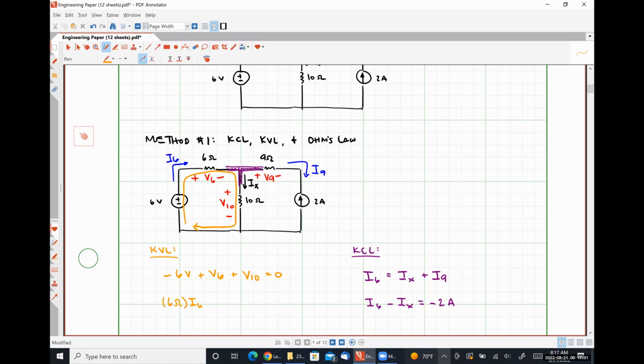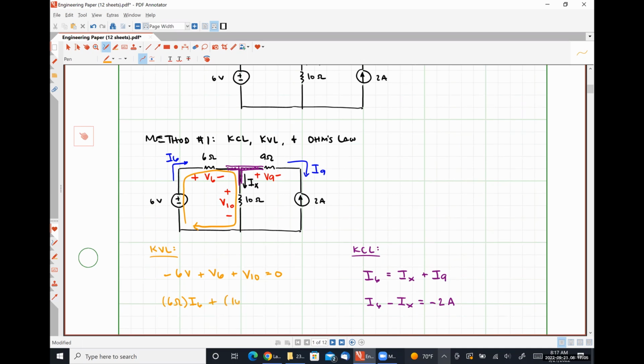V10 would simply be 10 ohms times IX. And when we move the 6 volts over to the other side of the equal sign, this is what we get. And so we've now broken this down into 2 equations, 2 unknowns that we can solve.